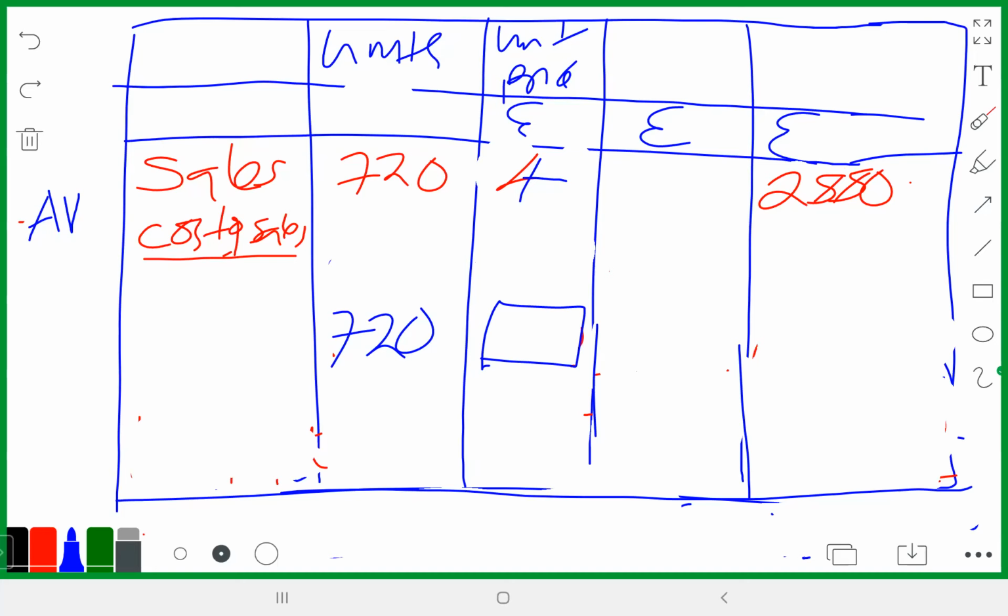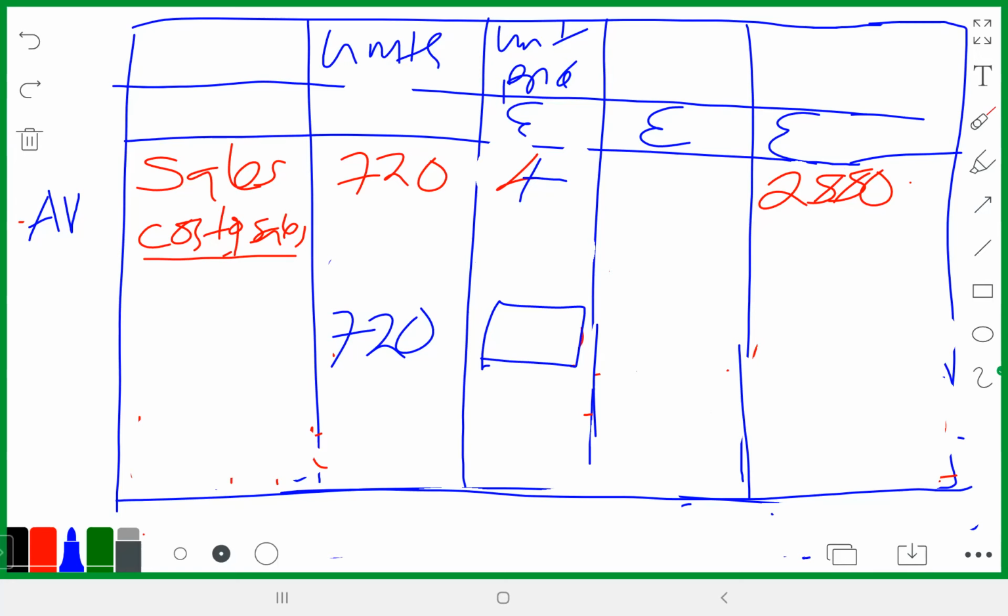Don't we just add and divide by 3 since there are 3 prices? No, it will not come out. The answer will not come out. It will refuse.